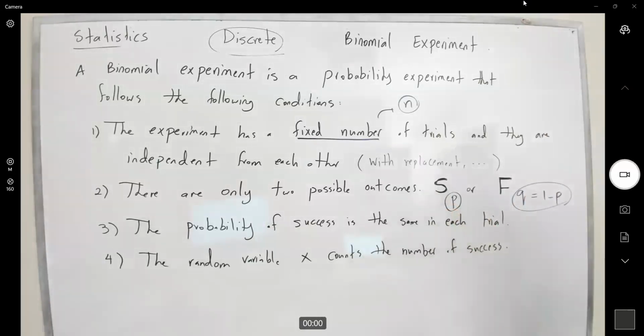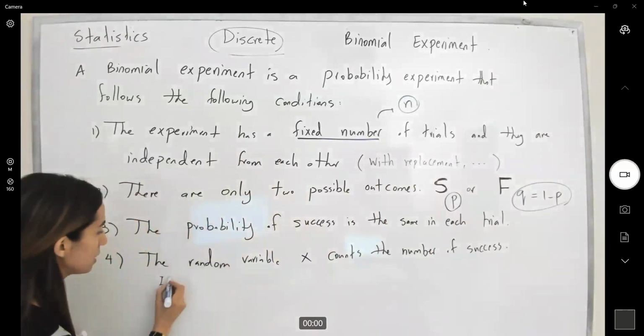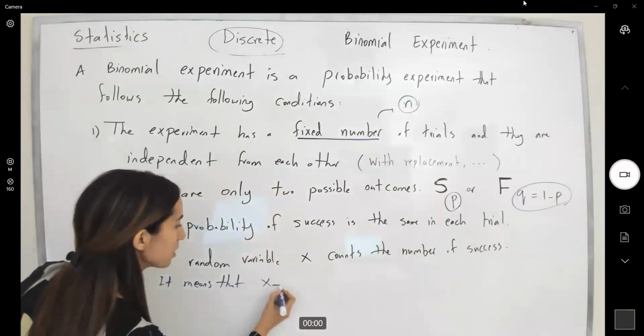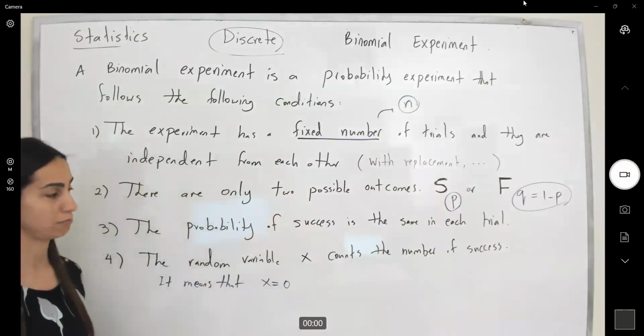Random variable X counts the number of successes. Okay, so it means that X can be 0, no success at all. That makes sense.